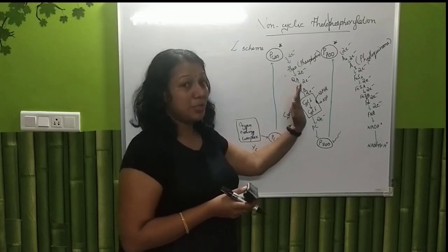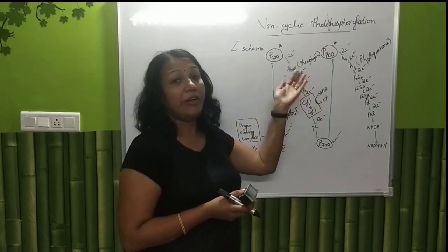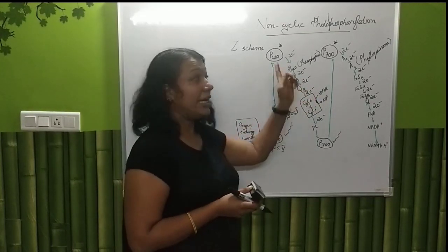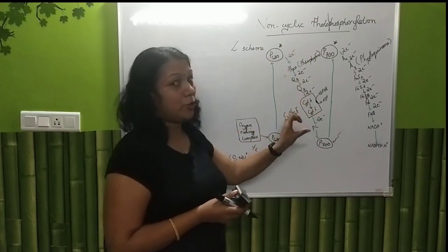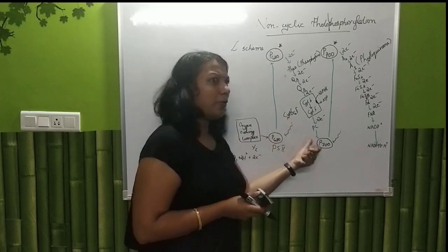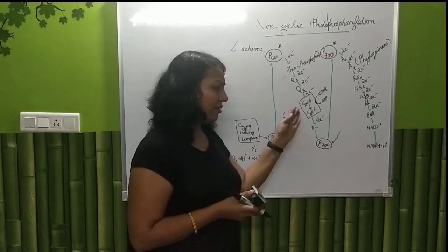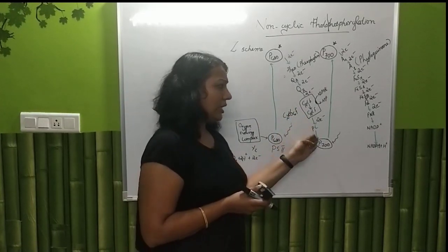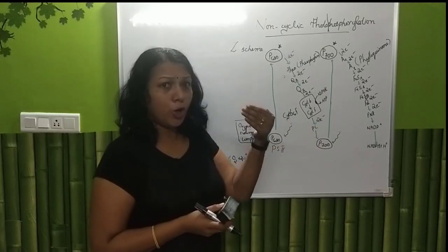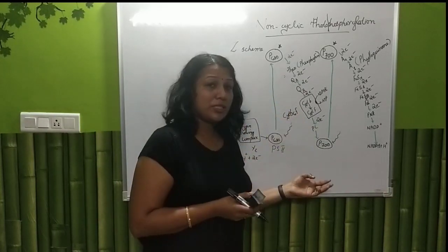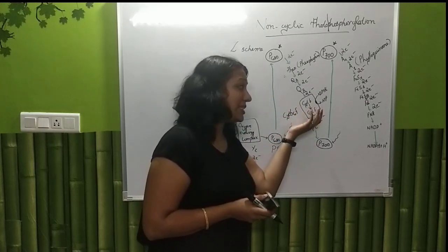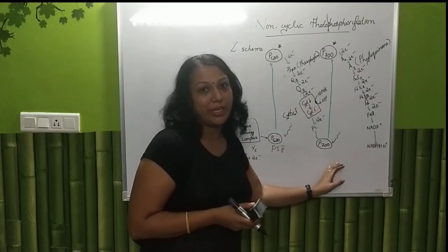Now if you ask me what is plastoquinone, it transfers electron in non-cyclic photophosphorylation between pheophytin and cytochrome B6F complex. Now what is plastocyanin? Once again you can create a definition. Plastocyanin is a copper containing protein. It's an electron carrier. It transfers the electron between cytochrome B6F complex and P700.